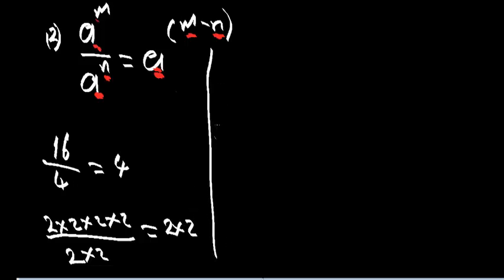Now we want to put them in the form of indices. So the numerator, which is the 16, becomes 2 exponent 4, which means that 2 is multiplying itself 4 times, as you can see here. So we have 2 exponent 4. Then we have dividing by 2 exponent 2, which means that 2 is multiplying itself.